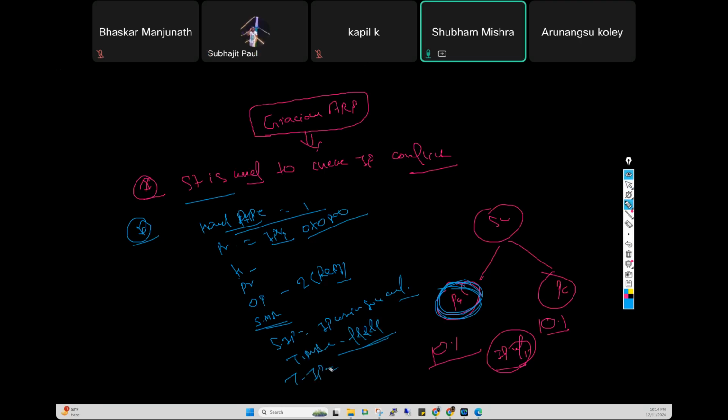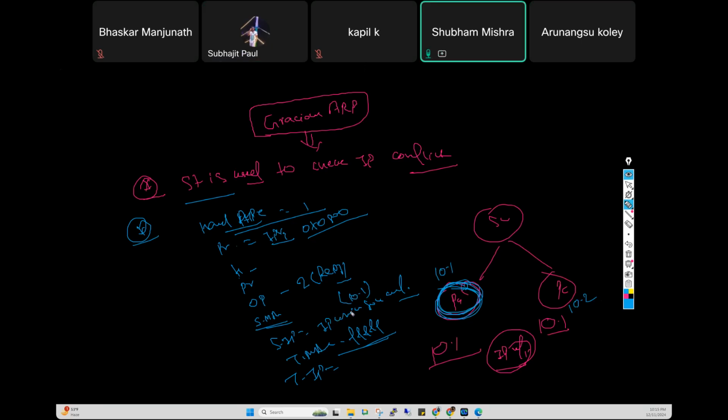What will be the target IP address? Who can tell me? For example, this PC IP address is 10.1 and this PC IP address is 10.2. So what will be the target IP? 10.1.